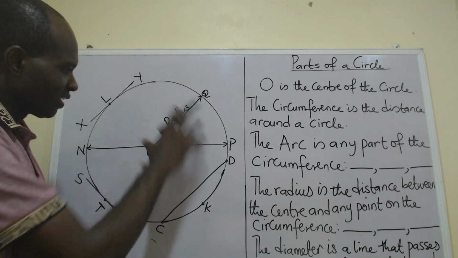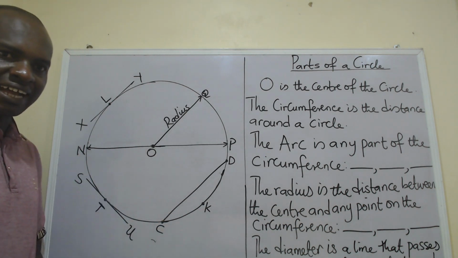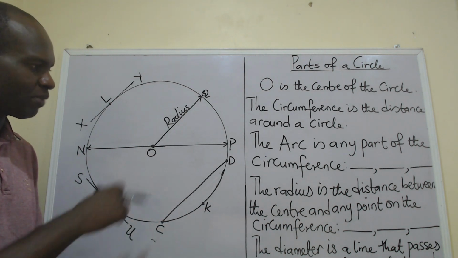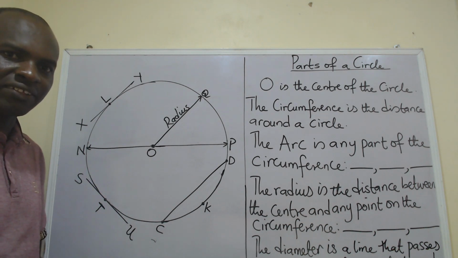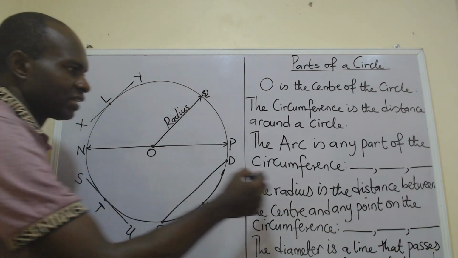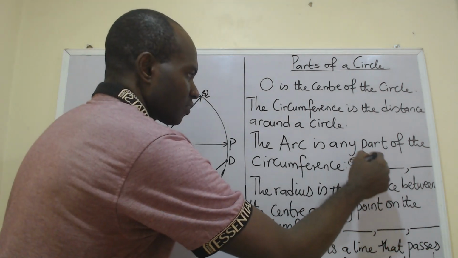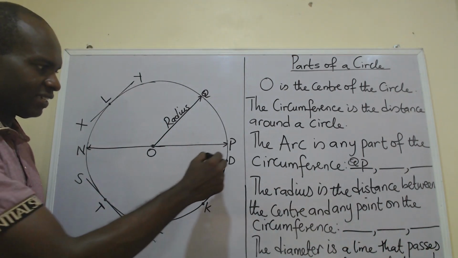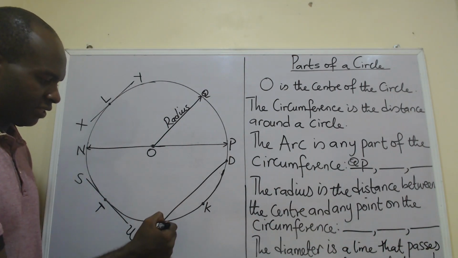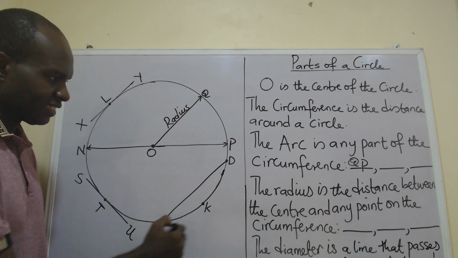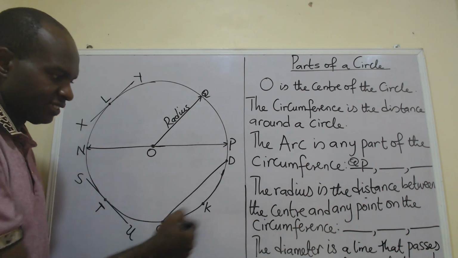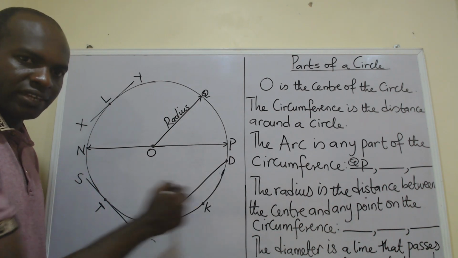So with reference to this diagram, what are the arcs? Can you tell me the arc? There are many arcs here, but I just want you to spot three of them. QP is an arc. CD is an arc passing through K, right?